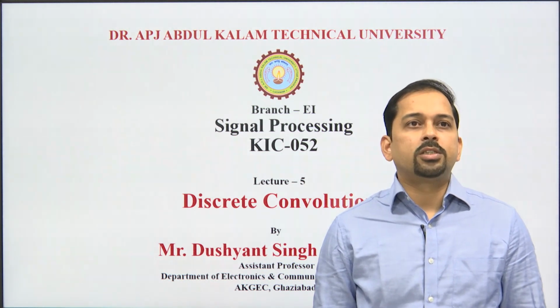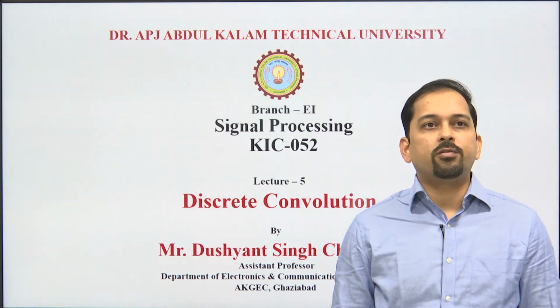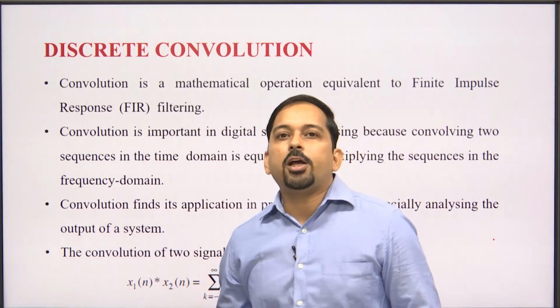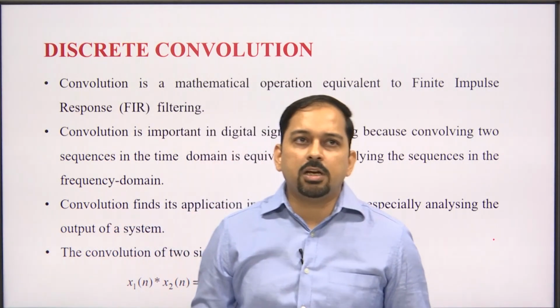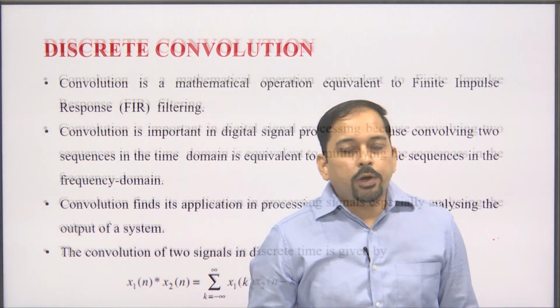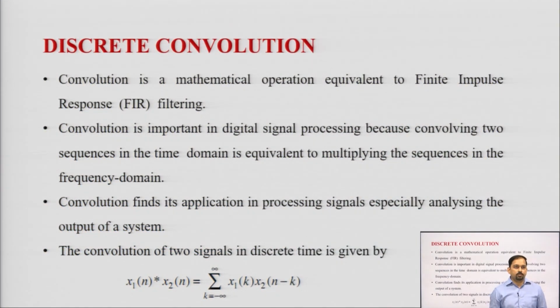We will also study the properties of discrete convolution. Convolution is a mathematical operator. Likewise we have addition, subtraction, multiplication, and we have a mathematical operator which is called convolution. It helps in finding the response of the system.